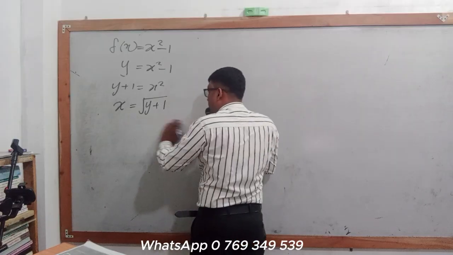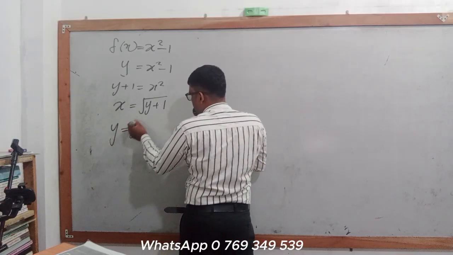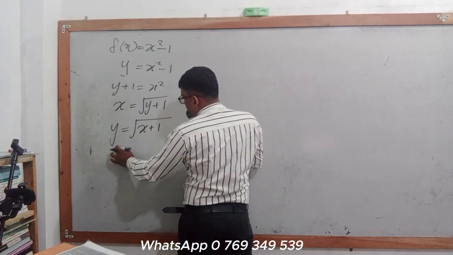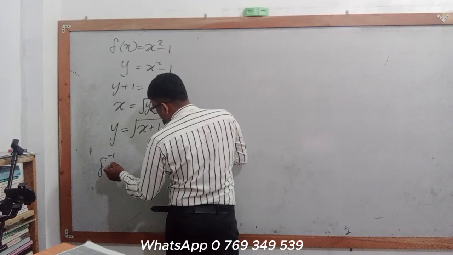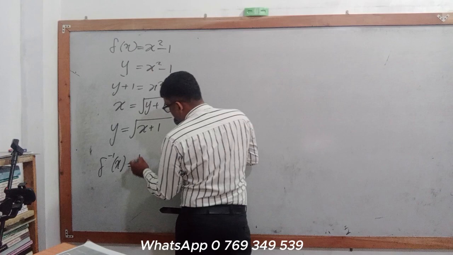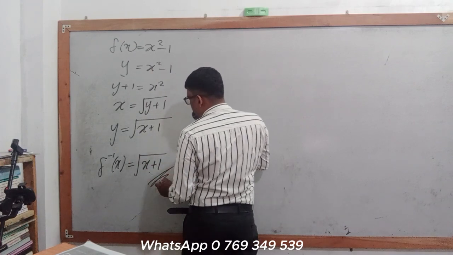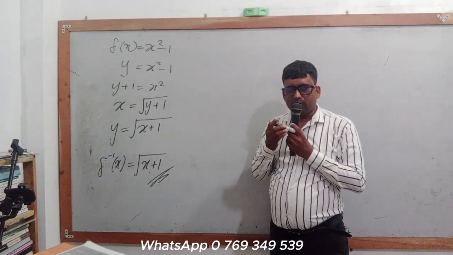This is the equation. Now replace x and y. Therefore y equals root of x plus 1. Now you can replace y with f inverse x. This is the equation.